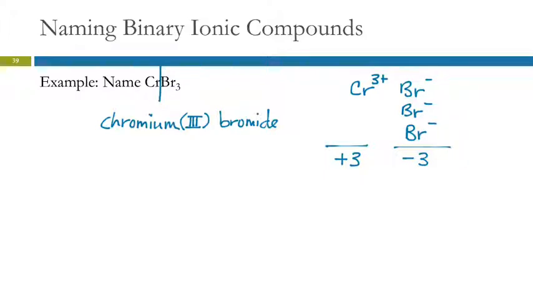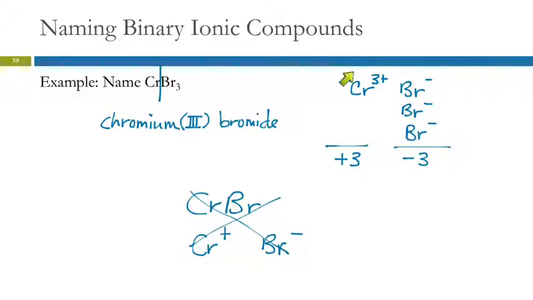So if we wrote CrBr, and we know that bromine has a -1 charge, then the chromium would have to have a +1 charge. That's going to be a different compound. It actually doesn't exist, but we don't need to know that. So we're going to look at the charge on the anion and the relative numbers of them to figure out the charge on the cation.